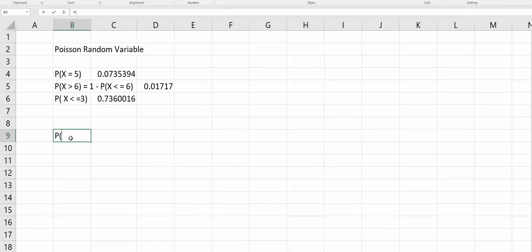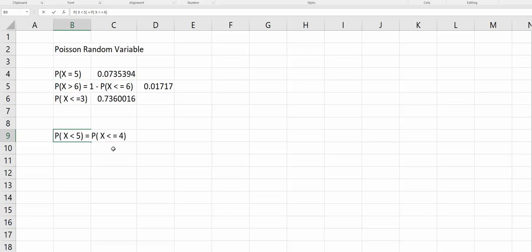Let me write this out. The probability that X, the number of chocolate chips in the cookie, is less than 5. That's your notation. This is equivalent to the probability that X is less than or equal to 4. This is a discrete random variable, so there are gaps between the values.